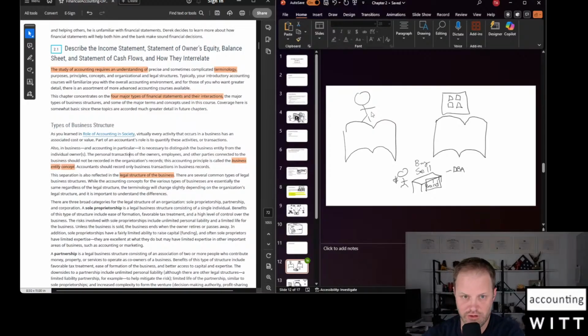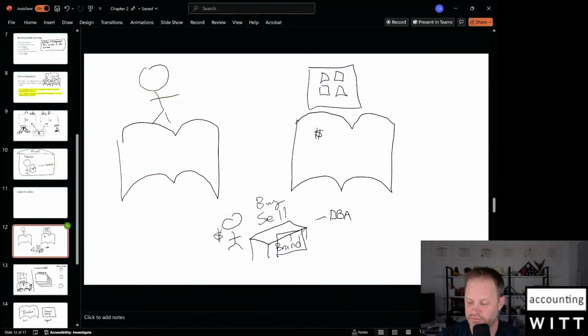Well, if your lemonade stand, if you're going to consider it a business, then you're going to write down that story in the business books. If you're doing this as a hobby or just a one-time thing, then why have business books? You would just write it on your own.